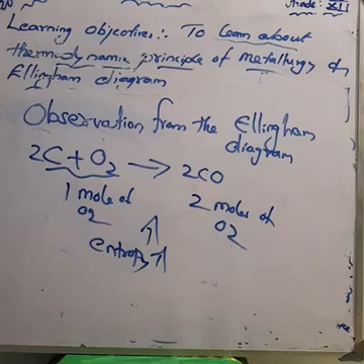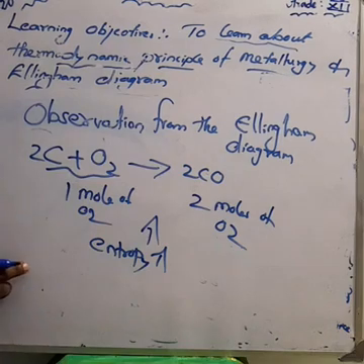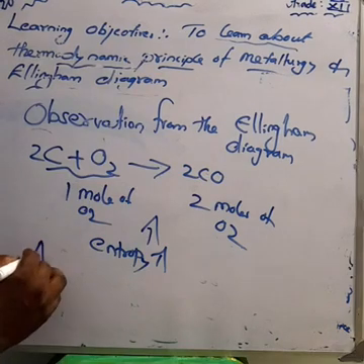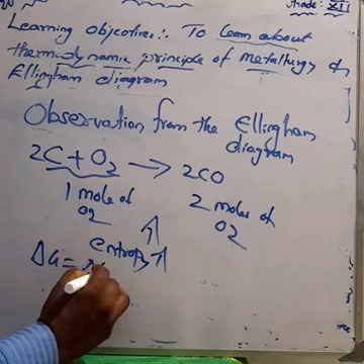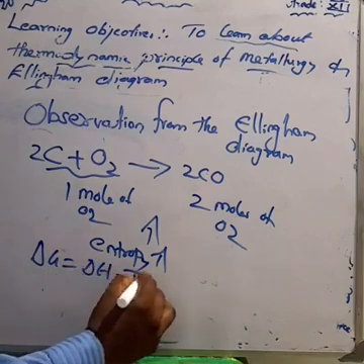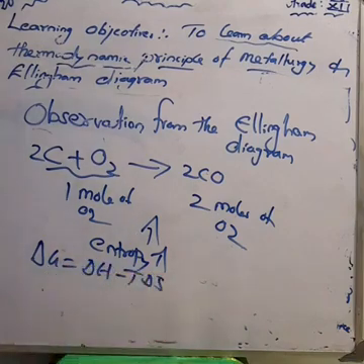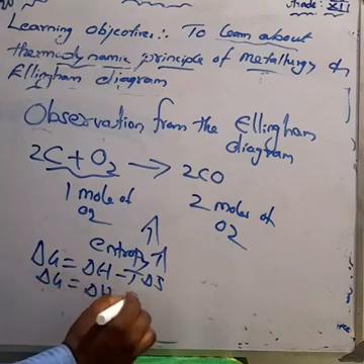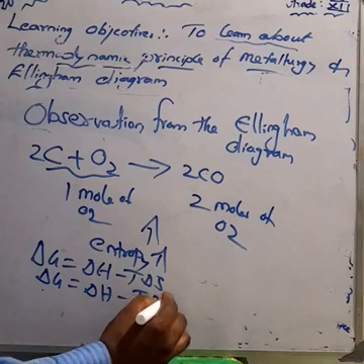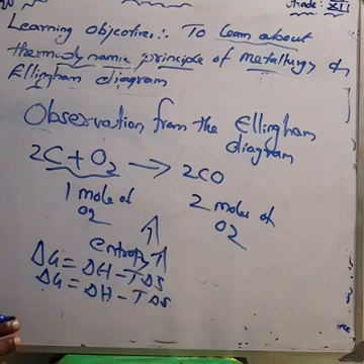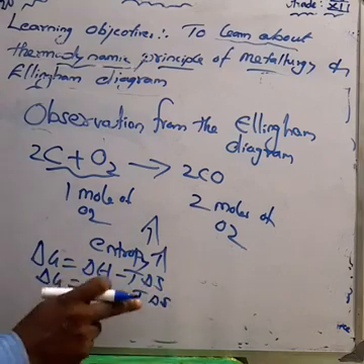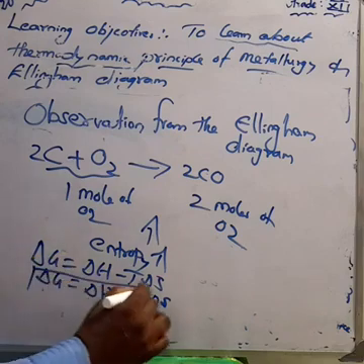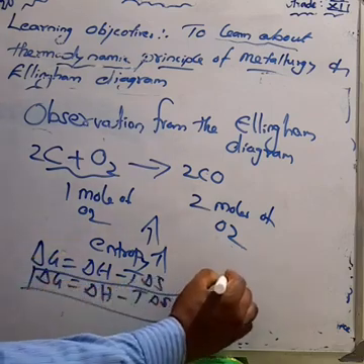What about the equation? According to the change in Gibbs free energy, delta G can be written as delta G is equal to delta H minus T delta S. Here delta S is positive. So delta G becomes negative.